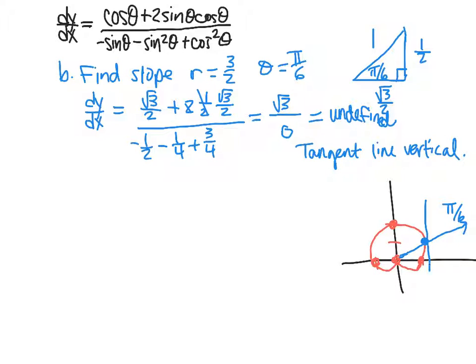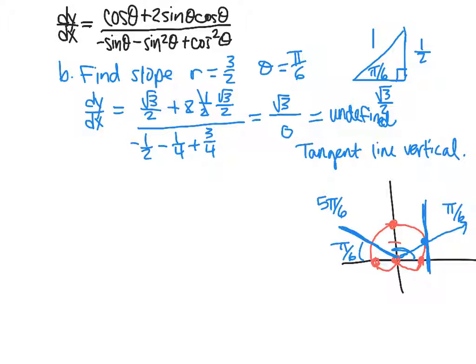We just found the tangent line is vertical. You can see that that's true. Okay, so then if you had to guess what this value is, since it's all nice and symmetric, well, you have this angle is pi/6, so this whole angle right here is going to be 5 pi/6. There we go.